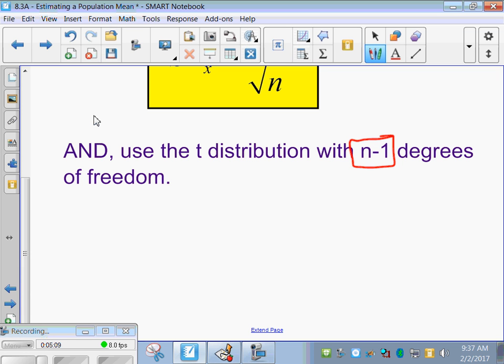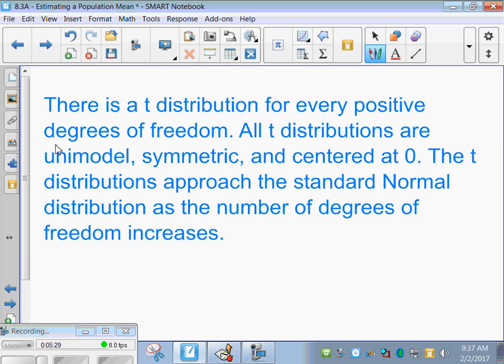Now, there was a whole activity in the book where you go through why the z distribution doesn't work, all right? I felt like it was going to take a long time, so just know it doesn't work, all right? It captures not enough area, all right? The z distribution for means doesn't work.